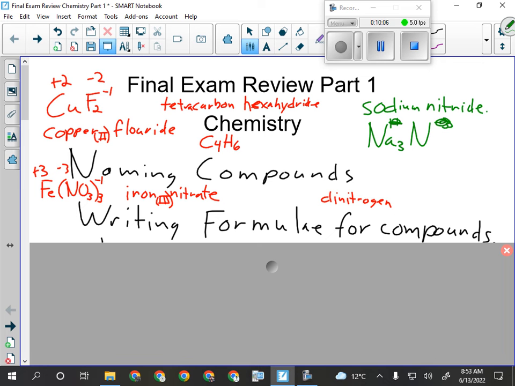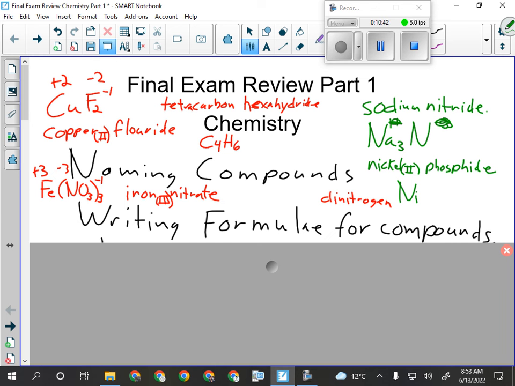What if I got something a bit more complex, like that one? Well, I start out the same as I did for the other one. I write the symbol, and what's the 2 tell me?